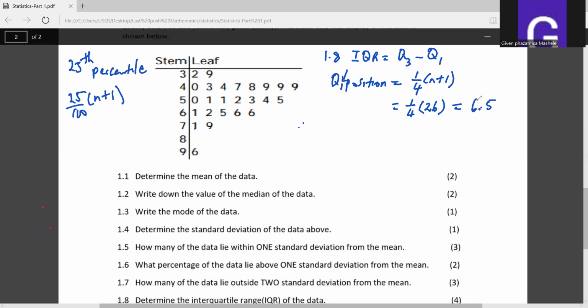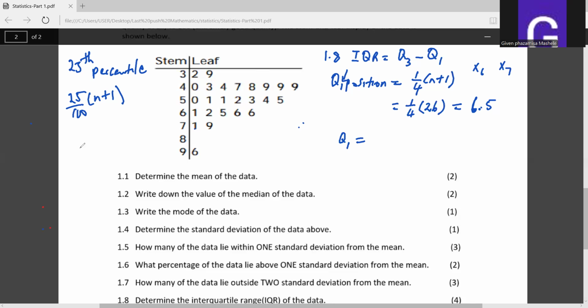So the value of quartile 1 will be between two numbers. Because it's position 6.5, it's going to be between position 6 and position 7.